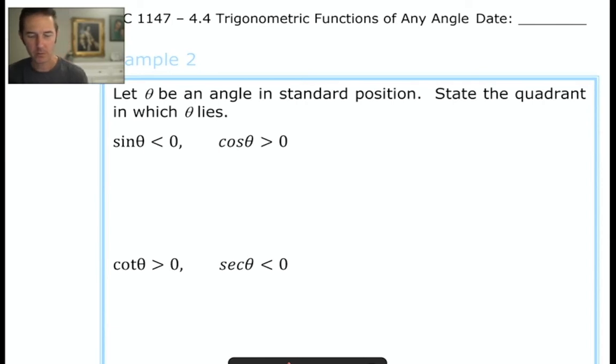So these questions are pretty easy to answer once you've got the technique. So theta is an angle in standard position. State the quadrant in which theta lies. The sine of theta is negative. In which quadrants is the sine of an angle measure going to be negative?